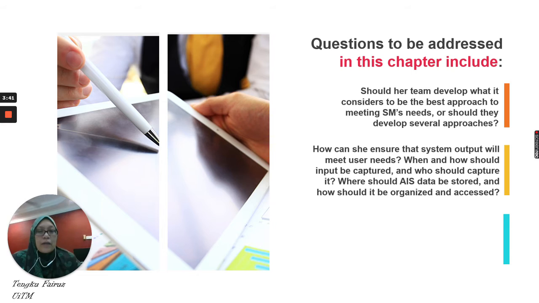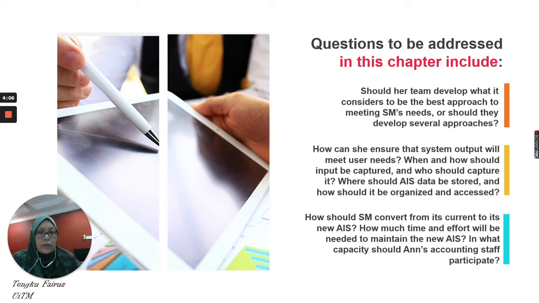This is related to the new system: the input, output, process, how to store the data, how they are going to organize the data, and so on. These questions relate to the new system they are going to develop.